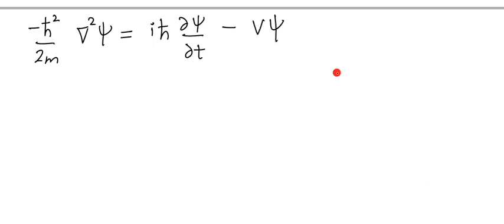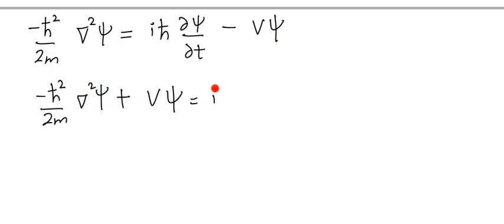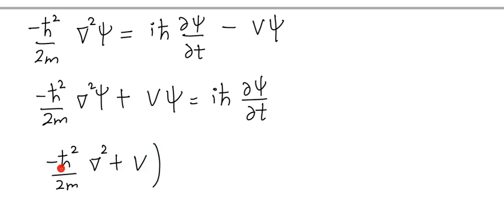Now you can take this V psi to the left hand side: minus h cut square divided by 2m Nabla square psi plus V psi is equal to i h cut del psi divided by del t. Okay, now you can write this as minus h cut square by 2m Nabla square plus V, acting on psi, is equal to i h cut del psi by del t.